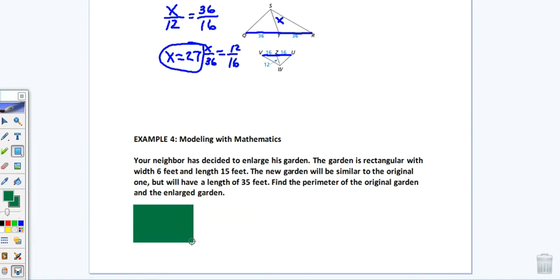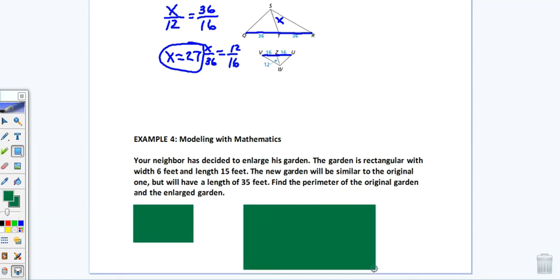It says the new garden will be similar to the original one, but have a length of what? Is the new garden bigger or smaller? Bigger. Okay, let's talk. The original garden is what by what? 6 by 15. The new garden's going to have a length of 35 feet down here, okay?